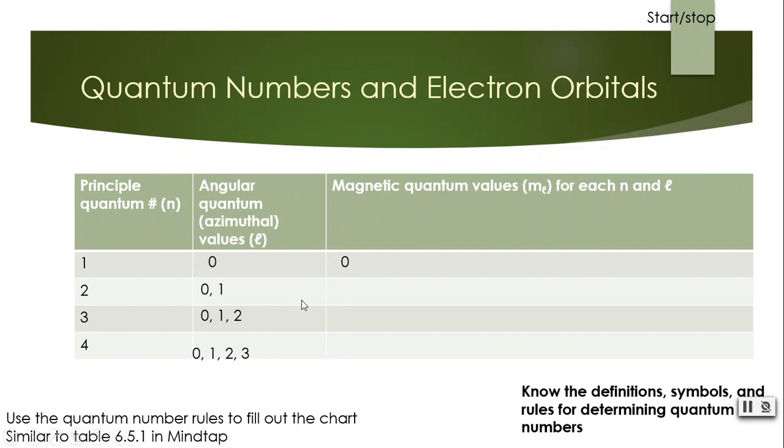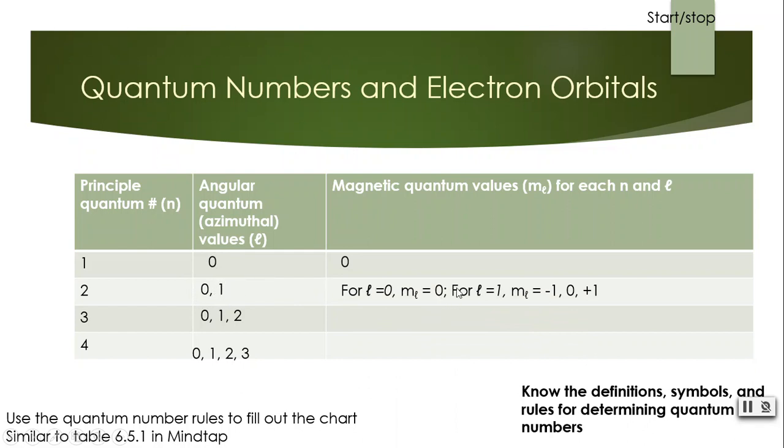When I move on to n equals 2, I have two L values, 0 and 1. If I were to list all of the m sub L values for those two L values, I would still list 0, the same as for n equals 1. But I also need to list the ones for L equals 1.